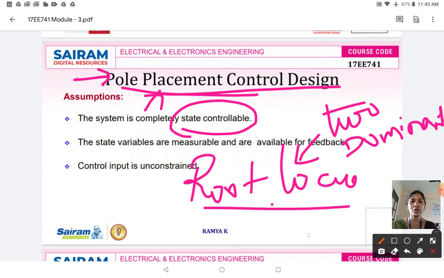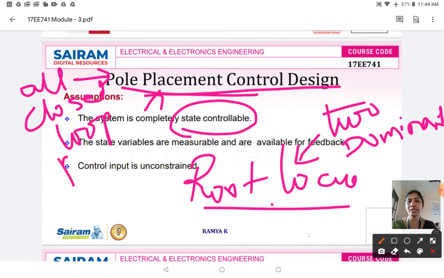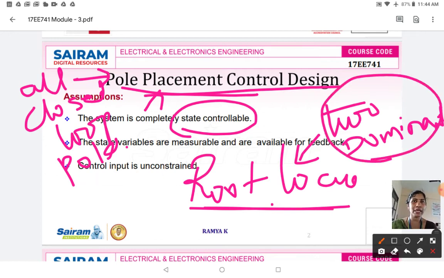The difference is, in case of pole placement technique, all the closed loop poles can be placed at desired location, whereas in case of root locus approach, only two dominant poles can be placed. These are the important key points for pole placement control design.